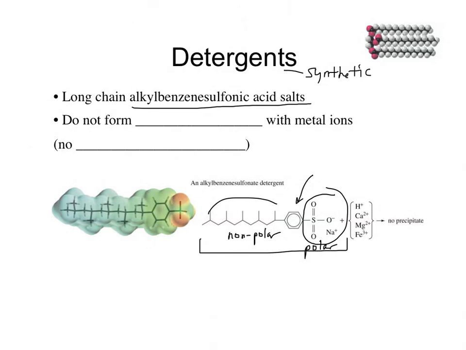However, when you combine it with the ions that tend to form soap scums, so that would be these guys right here, you don't get a precipitate. So there is no scum. So they do not form insoluble precipitates with metal ions.